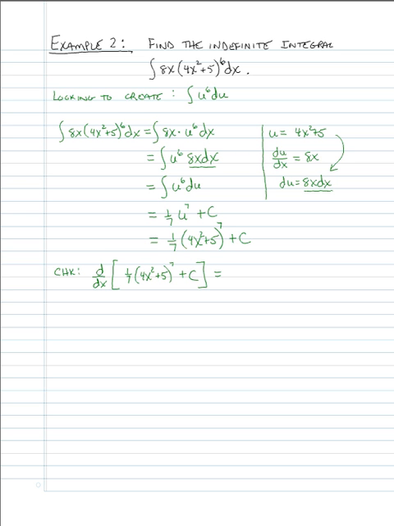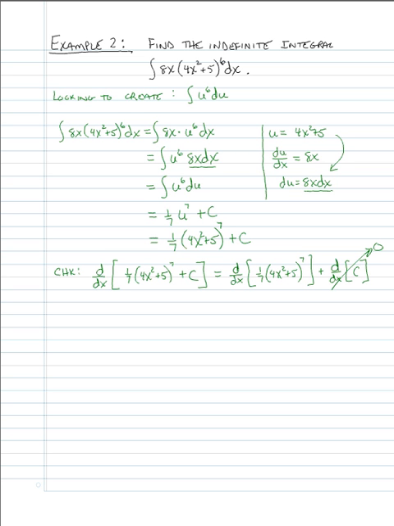Here we would break that down to the derivative of the first term, which would be 1/7 times 4x squared plus 5 to the power 7, plus the derivative of our second term. But our second term is just a constant, and so that derivative will end up being 0, won't it?